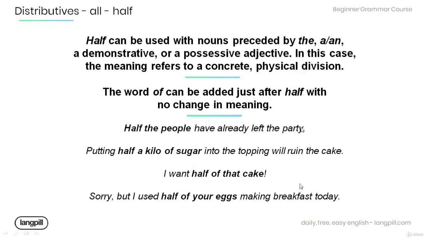I want half of the cake. Sorry, but I used half of your eggs making breakfast today. Meaning that if there were 12 eggs, I used only 6 eggs for making breakfast.